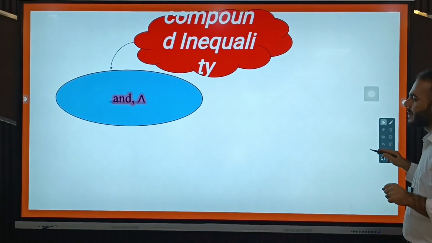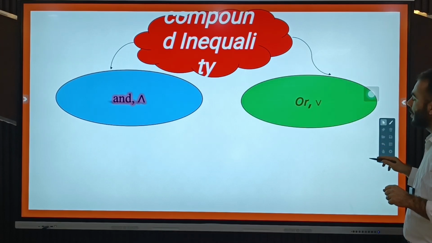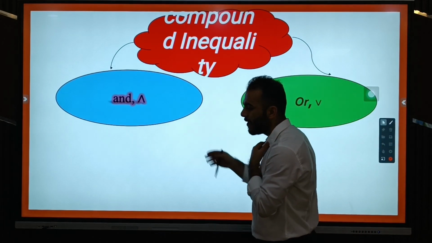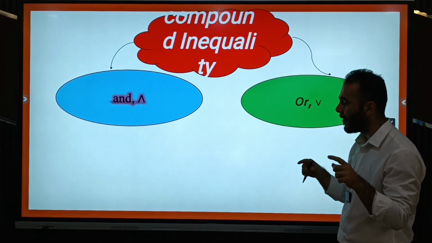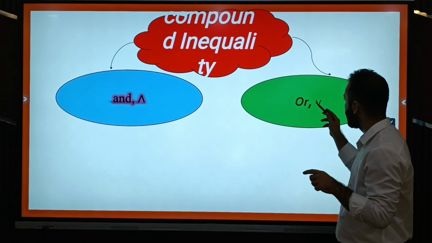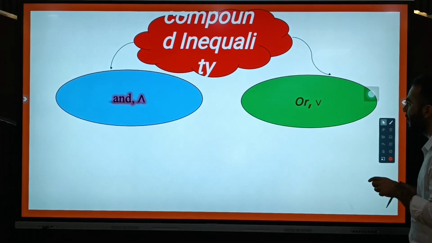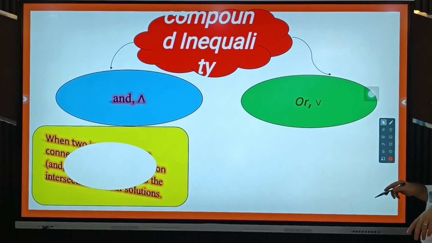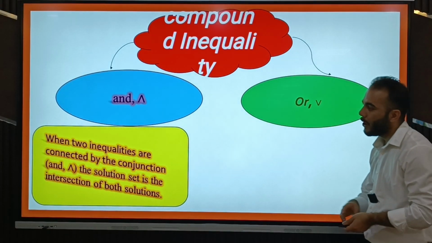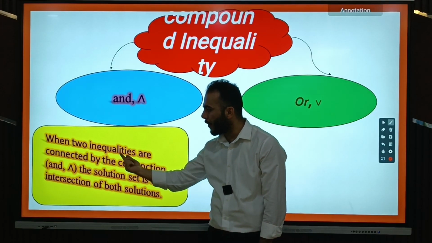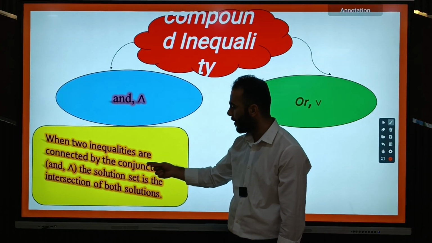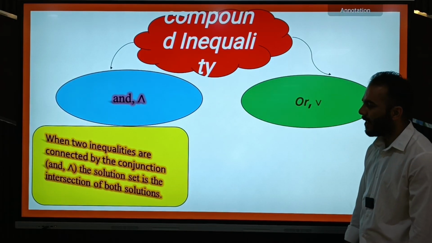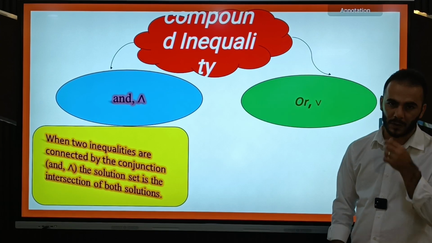Oh, by the way, let's see what else we have. Here we have "or". This notation stands for "or" in compound inequality, which is shown by this notation, or we can say that it's a V, English V. Then we have this note: when two inequalities are connected by the conjunction "and", the solution set is the intersection of both solutions.